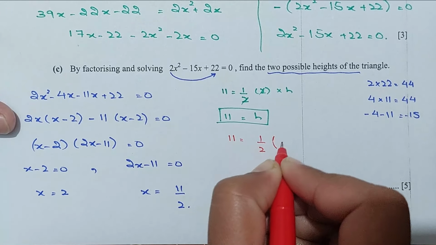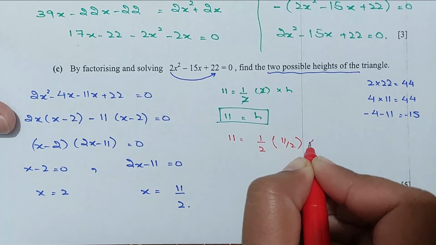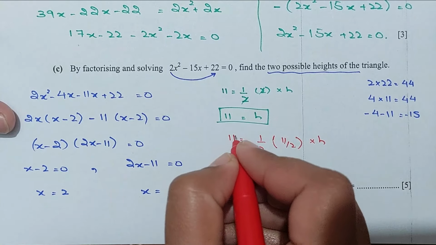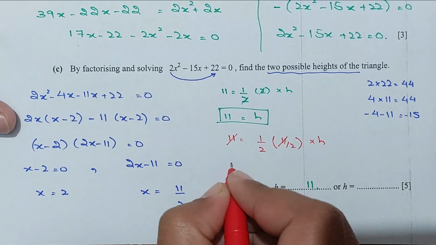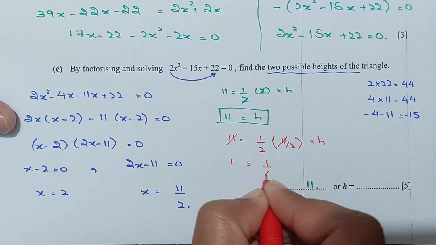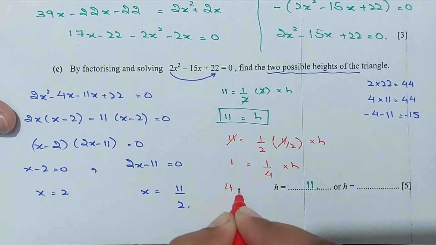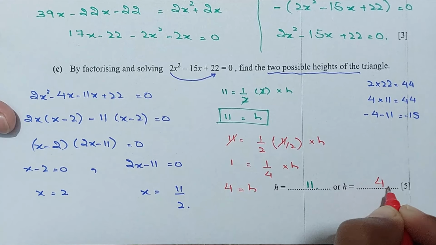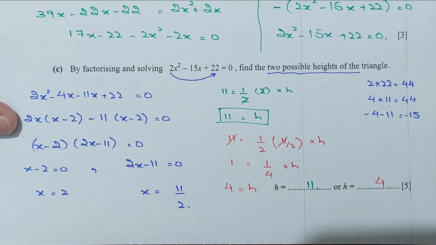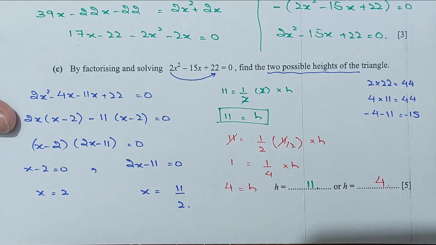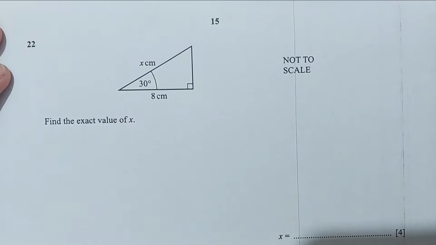The base I'm going to use is 11 by 2 multiplied by the height. So 11 and 11 cancel out. So 1 equals 1 by 4 times height. Cross multiplication. 4 equals the height. The height is 4 or the height is 11. So these are the two possible heights for the triangle. Question number 22. Find the exact value of x.